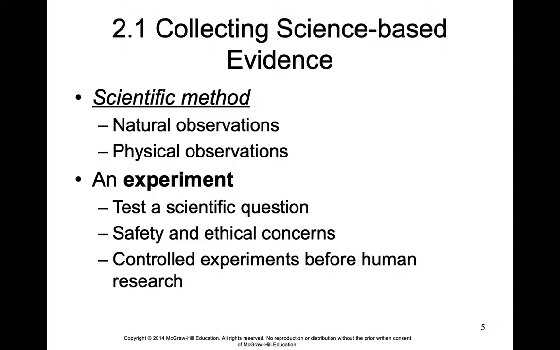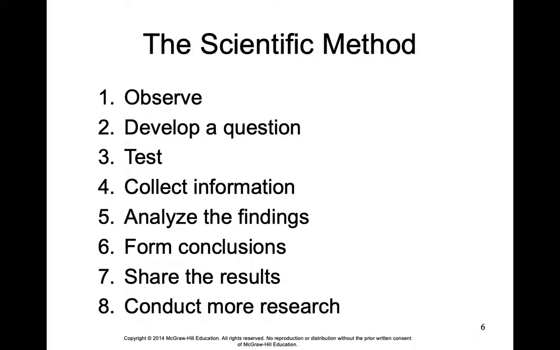And we always follow a similar process for controlled experiments with, for example, a new drug or a new vitamin or mineral study. There's a very specific process that researchers go through before trying out a new vitamin or mineral supplement or drug on humans for safety reasons. So this is the outline of the scientific method.